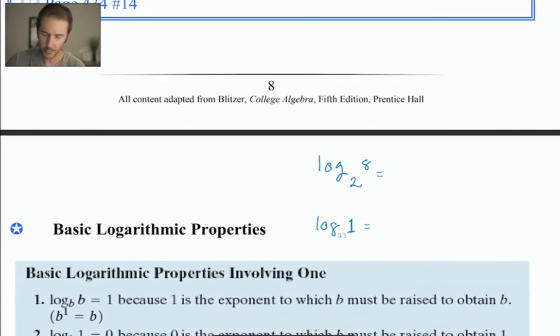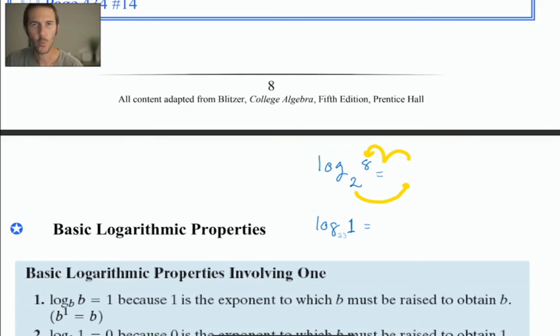Right, so I pre-wrote these couple of things because I wanted to look at those with you before we go into the typed up stuff. The way that we were just reading and doing those conversions that we saw on the previous page, the way that I do it is I say 2 to the power of blank equals 8.